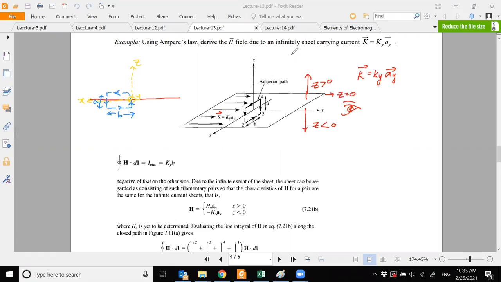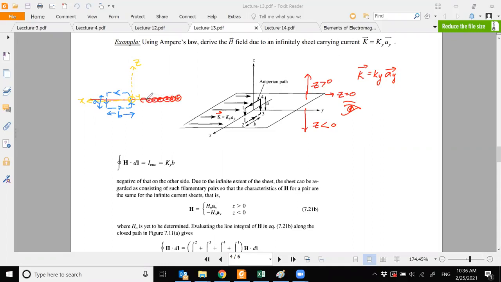Now, let's first analyze how the magnetic field will be for this sheet. Can we think that this sheet is made up of several line charges? Can I say an infinite number of line charges?